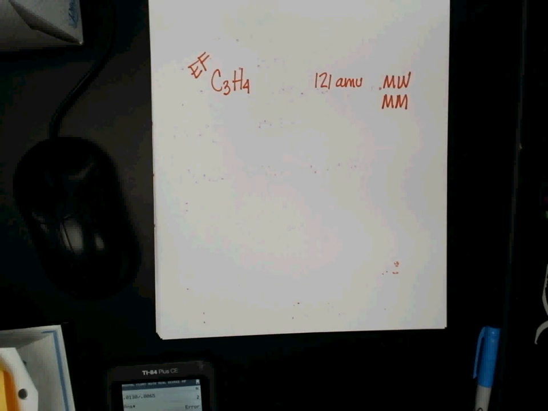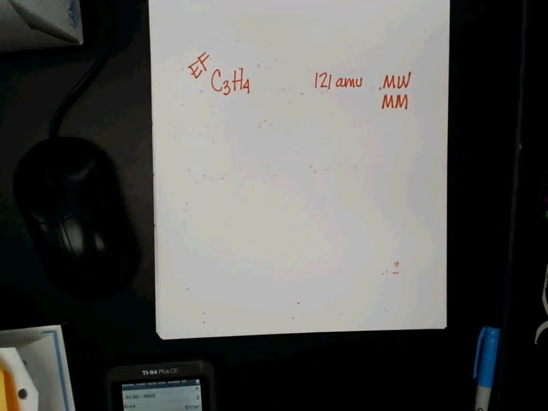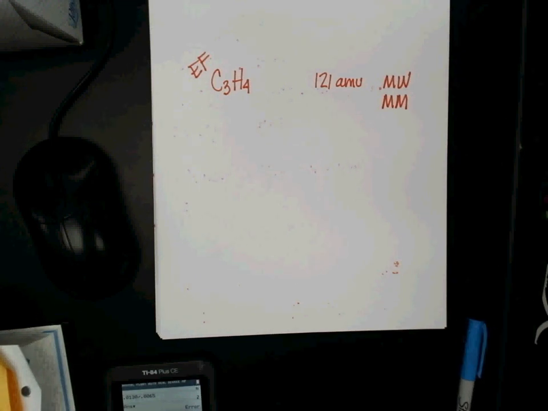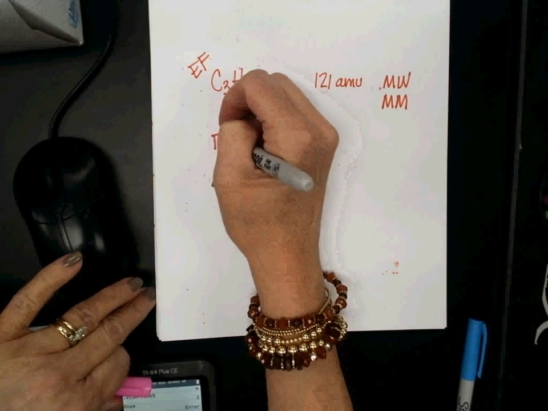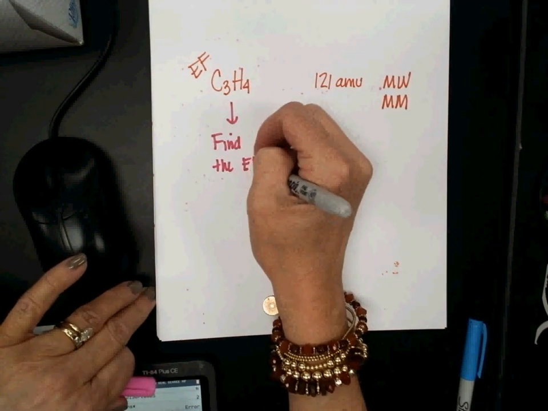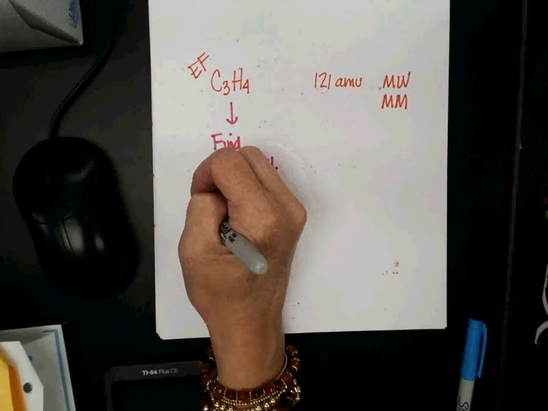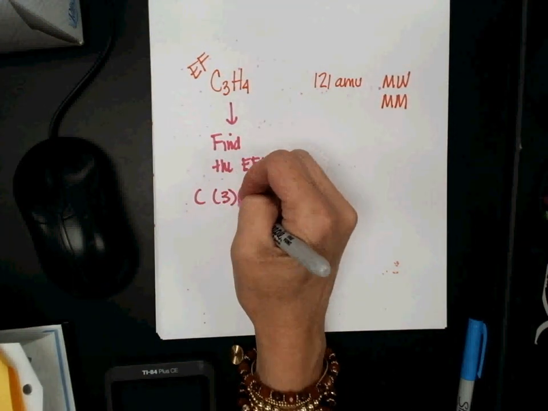What could I do? You think my empirical formula needs to be used somehow? Yes, it does. So what can I do? Let's find the empirical formula weight. Do that.